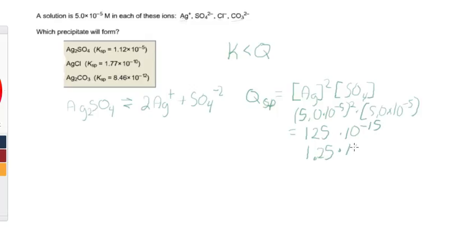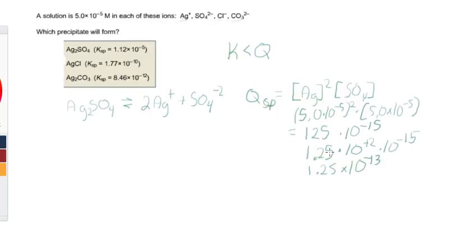So I'm going to rewrite positive 2 times 10 to the negative 15. I can combine my powers of 10. 1.25 times 10 to the negative 13.